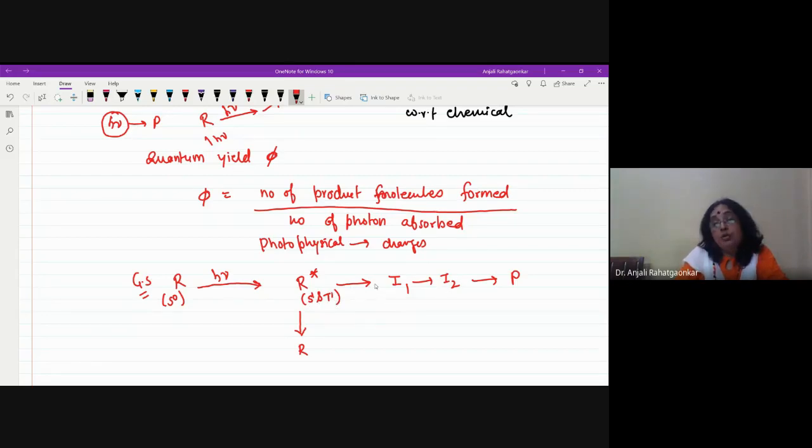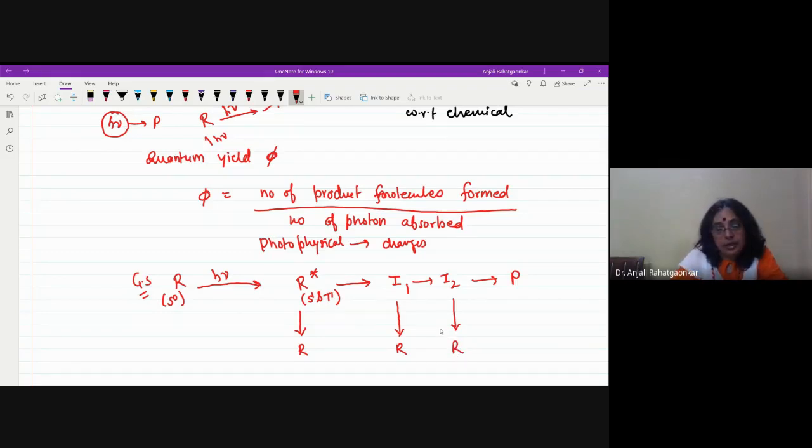Further, it goes to the first intermediate step, then again it will come back to the reactant. Third possibility: again R absorbs h nu amount of energy, it undergoes excitation, it attains the singlet state, it attains the triplet state, it undergoes I1, it undergoes I2, and again it will be back to R.